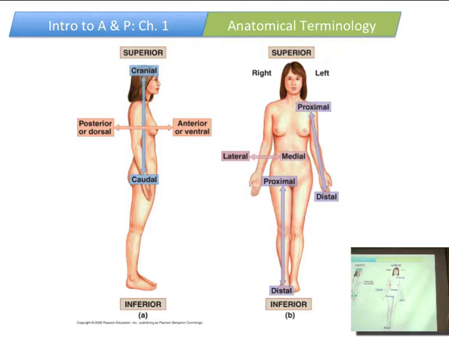In the torso, just in the axial body, remember I said the axial is things along the central axis, and appendicular is your appendages, your arms and legs. In the axial body, there are the terms cranial and caudal that you will sometimes come across.